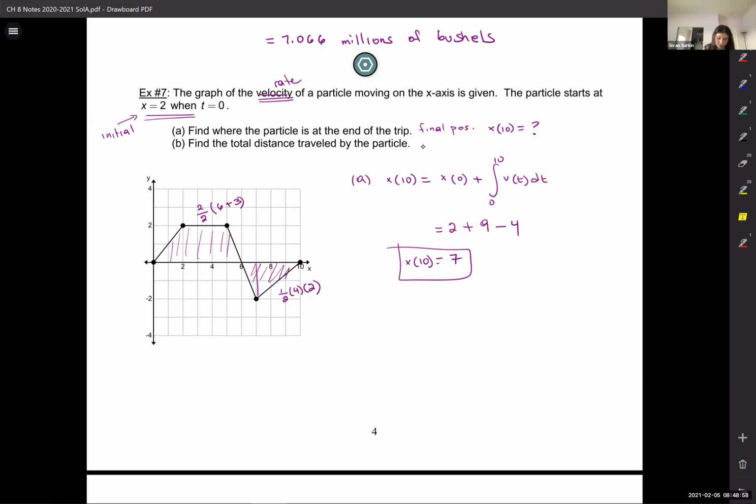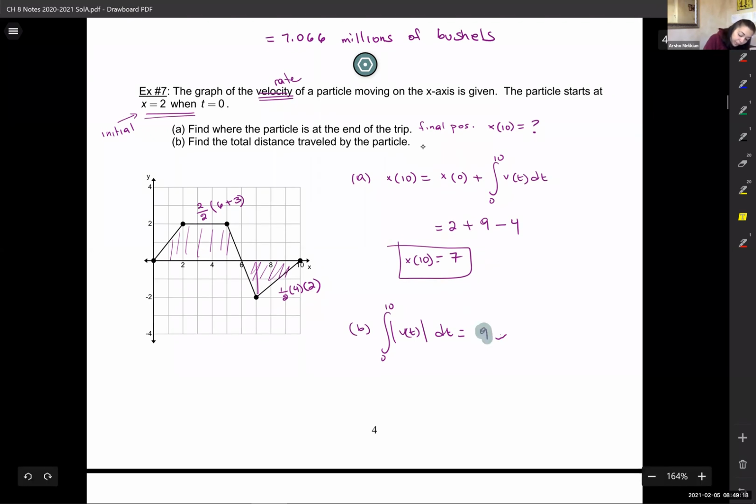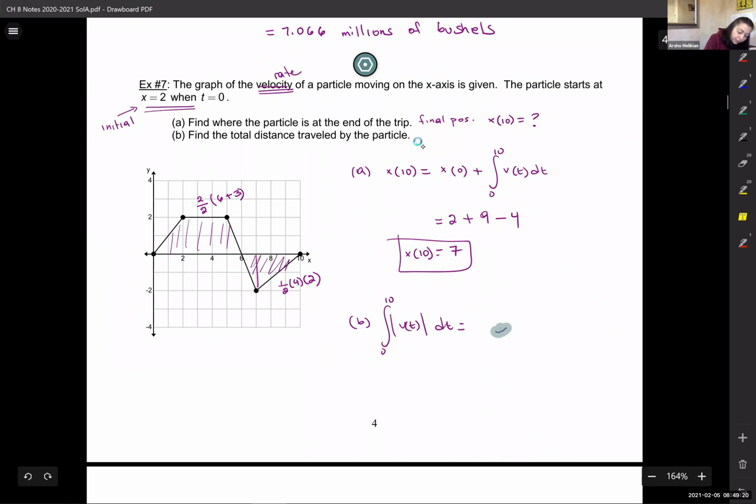Next, total distance traveled by the particle. That's the integral from 0 to 10 of the absolute value of v of t. That means we just want the area under the curve, but the absolute value of it. So that's just 9 plus 4, 13.